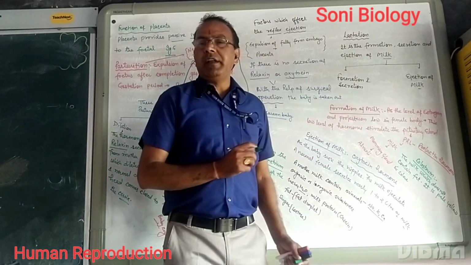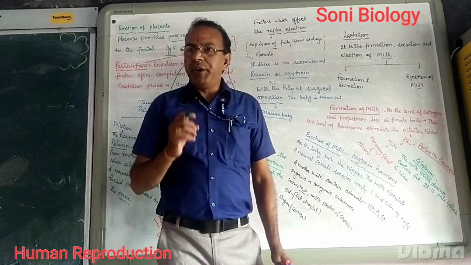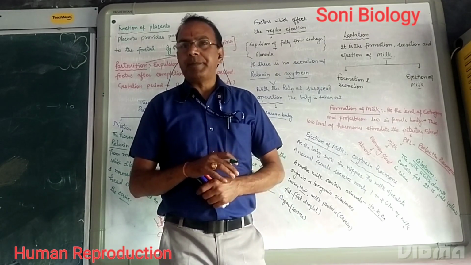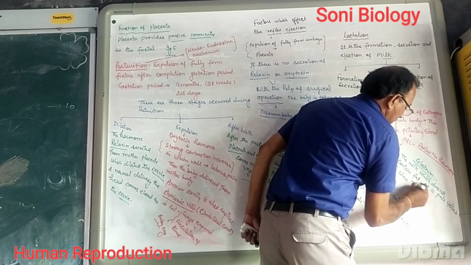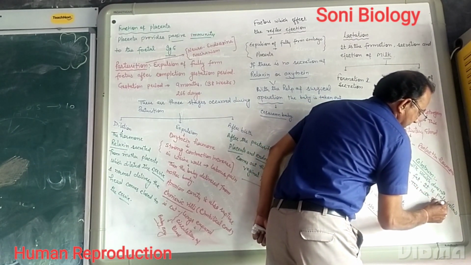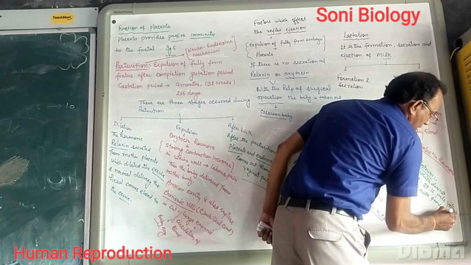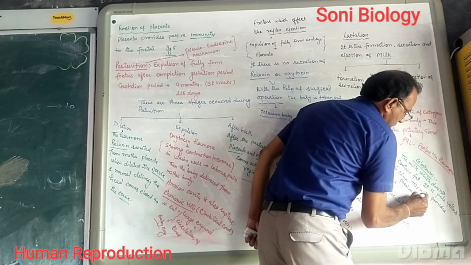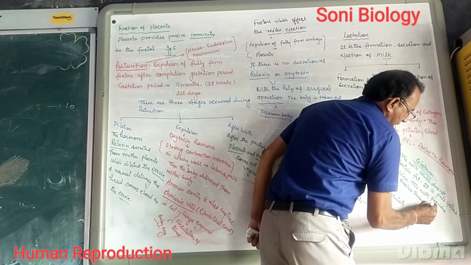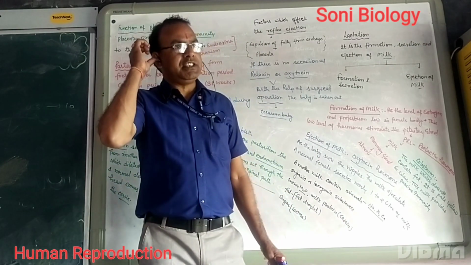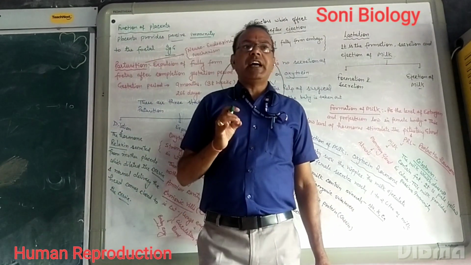This type of milk provides immunity to the baby, and that is passive immunity, which we have already discussed. There are 5 types of immunoglobulins: IgA, IgD, IgE, IgG and IgM.